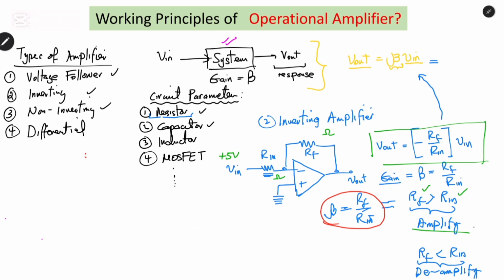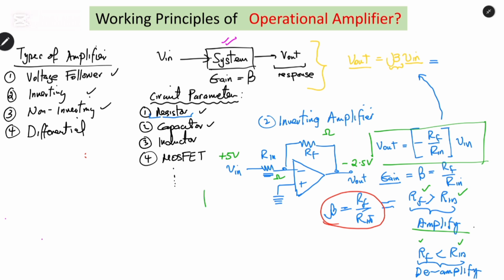In case of de-amplification, that means the value of the Rf must be less than the value of the resistance connected to the inverting terminal. For example, if we have 5 volts at the input and we want to get minus 2.5 volts at the output, by looking at this, the output is half the input.